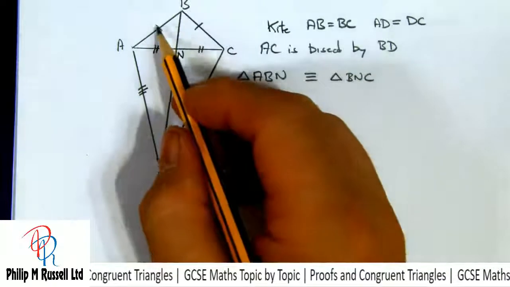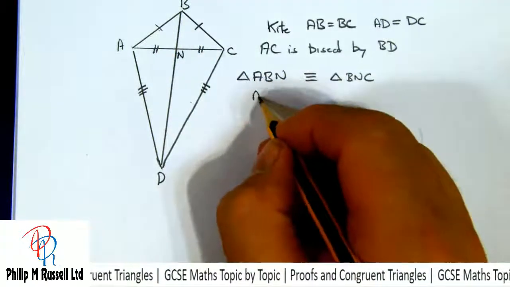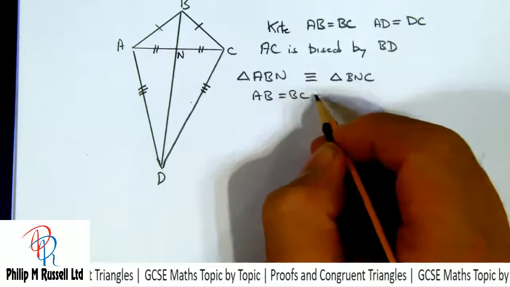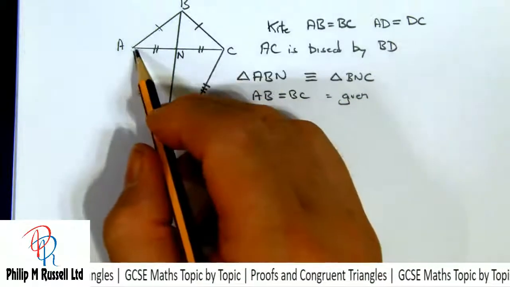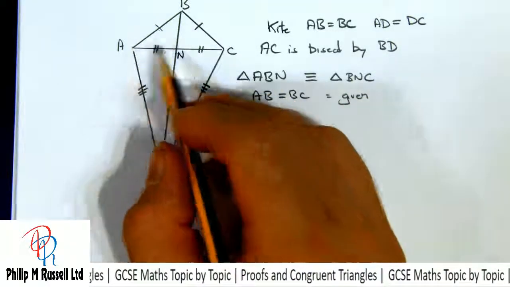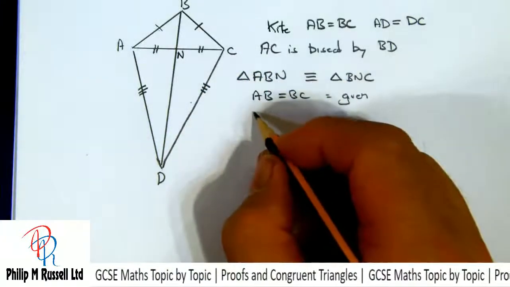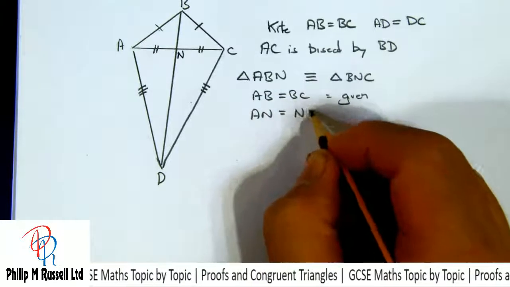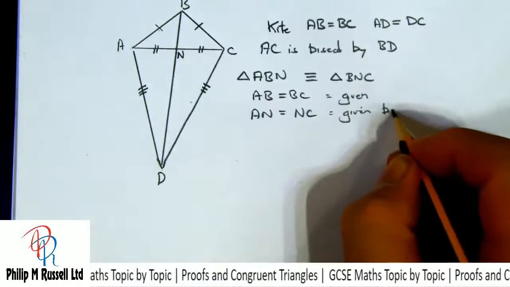And how do I prove that? Well, we've got side, side, so we know that AB equals BC. That was given. We know that AC is bisected, so we know that AN equals NC, because this is given that it's bisected.